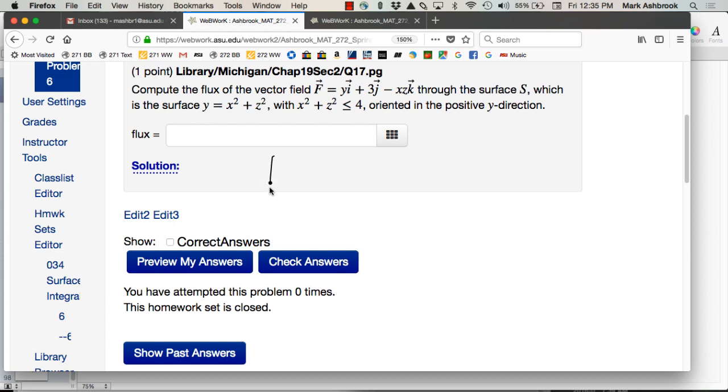So let's draw that. So y equals x squared plus z squared looks like this. Oh no, that's not 4. Let's see. x squared plus z squared is less than or equal to 4.